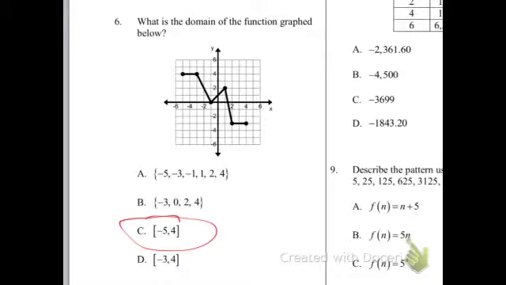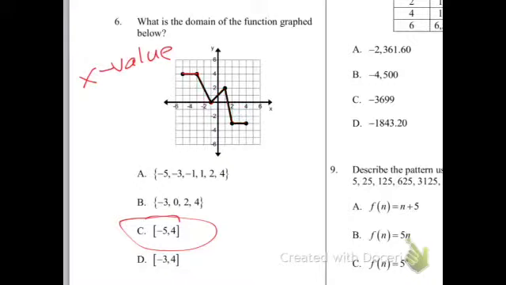6, what's the domain of the function graphed? To figure out the domain, that's the possible x values, what the input is. A lot of people just look at the points and think those are the x values. No. The points are there, but they're connected with these lines.